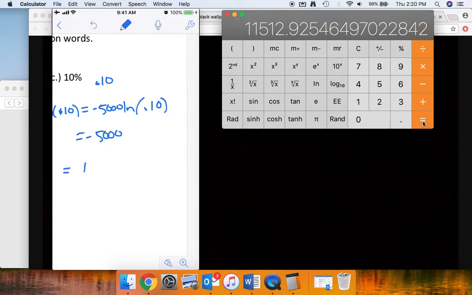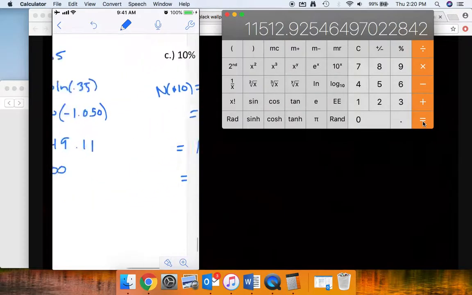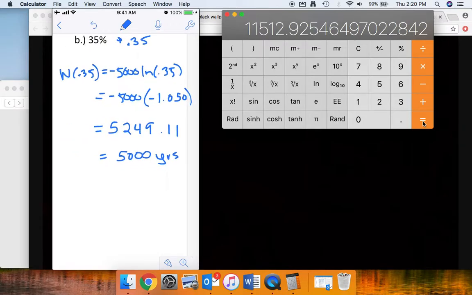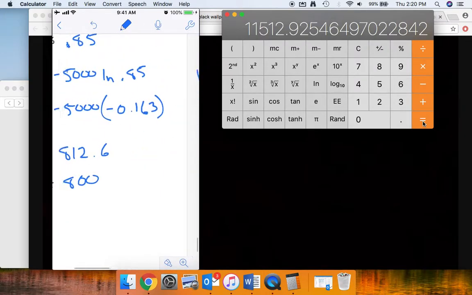That would equal 11,512.93, or rounded correctly, 11,500 years. Now we should tack years onto each of these. Whoops, this would be 5,300 years.